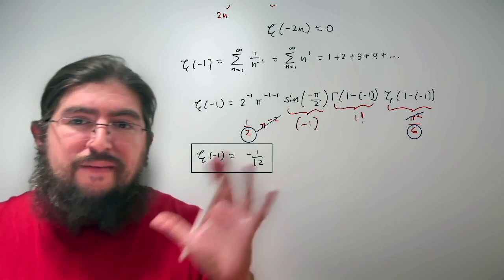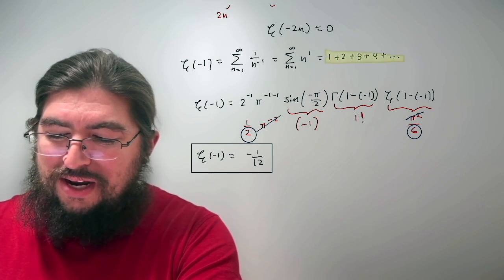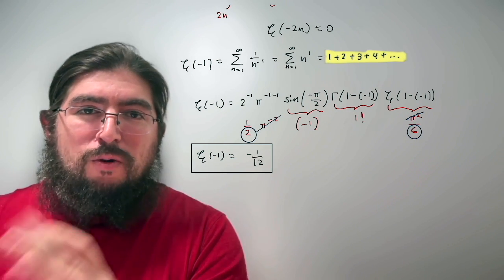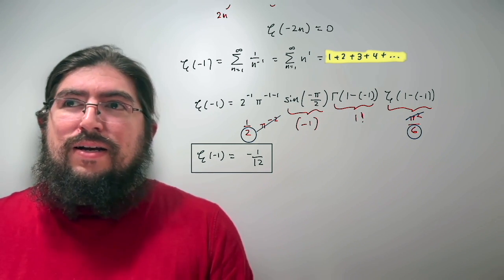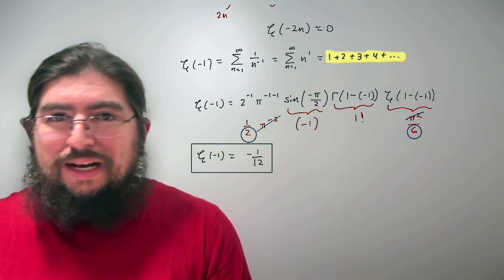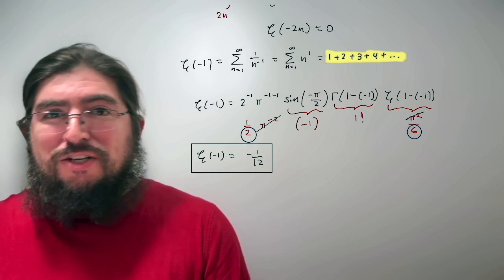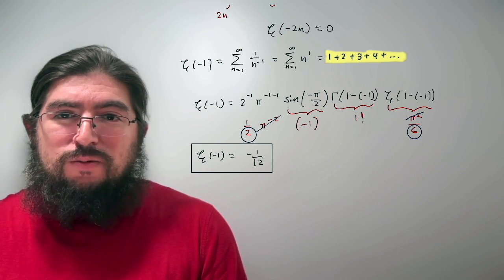Now, if you haven't seen this before, it's kind of a joke in the mathematics community at this point that it can be shown that 1 plus 2 plus 3 plus 4 and on and on and on is equal to negative 1 over 12. Now, the real correct way of saying this is that the analytic continuation of zeta to negative values would give you that zeta of negative 1 is negative 1 over 12.